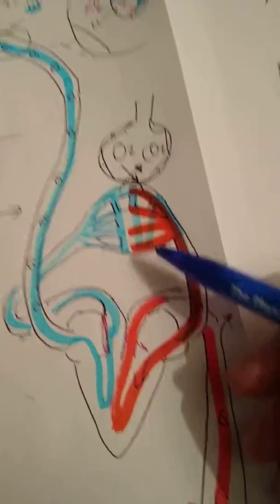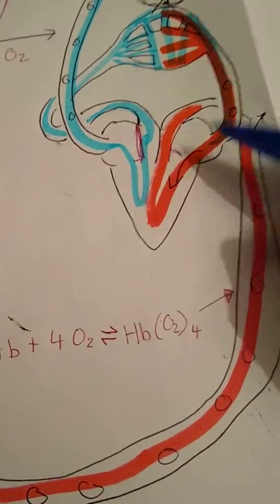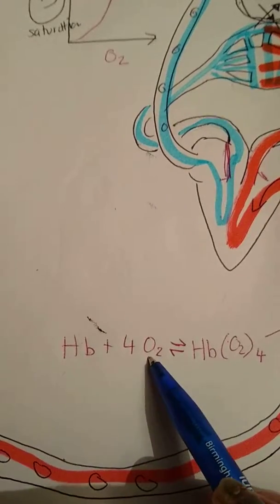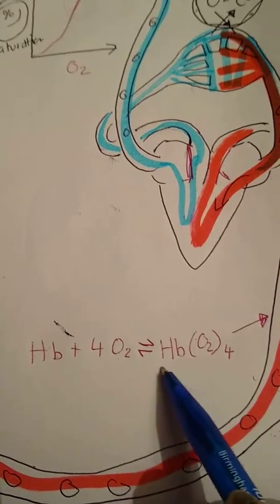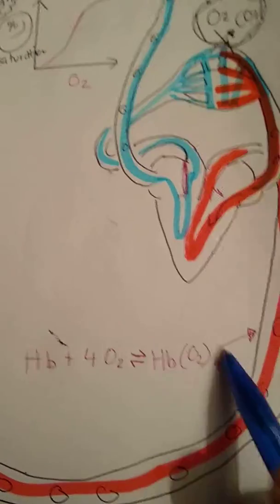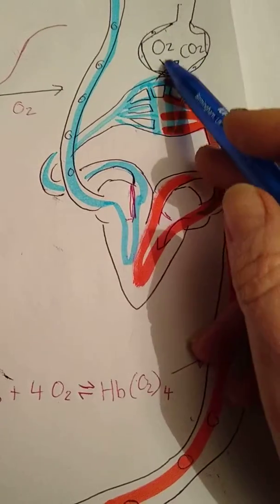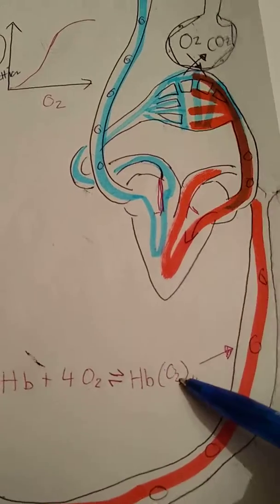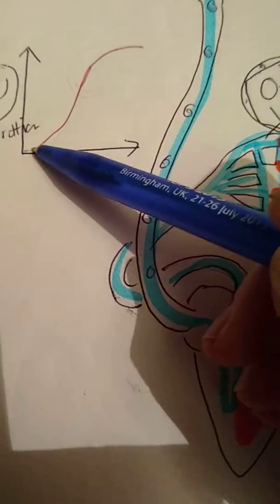Okay, so how does it do it? Well, let's look at how the oxygen is bound to the hemoglobin. So here we've got hemoglobin combines with 4 oxygen molecules to form oxyhemoglobin. That's this character here, and that's what happens with oxygen up in the capillary beds here, where we end up with 4 oxygens. The first one is hard to combine, and the remaining 3 are finding it easier.